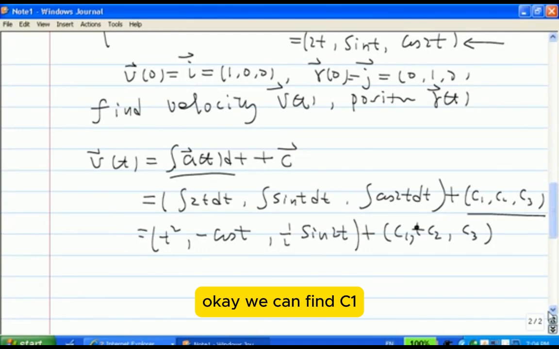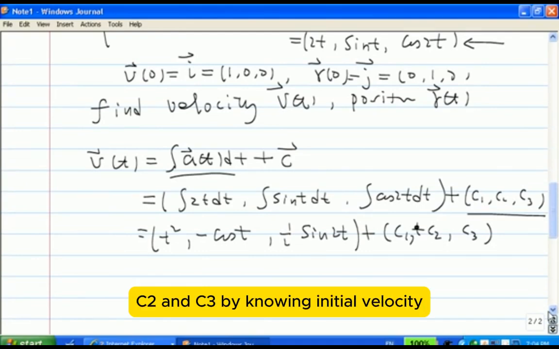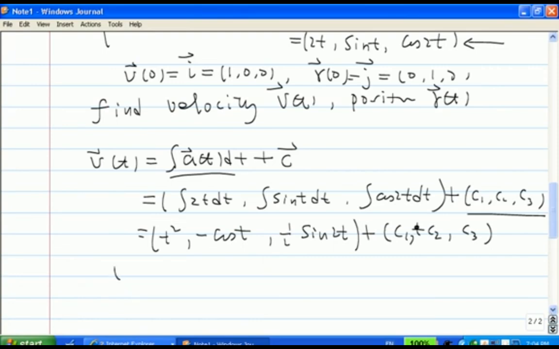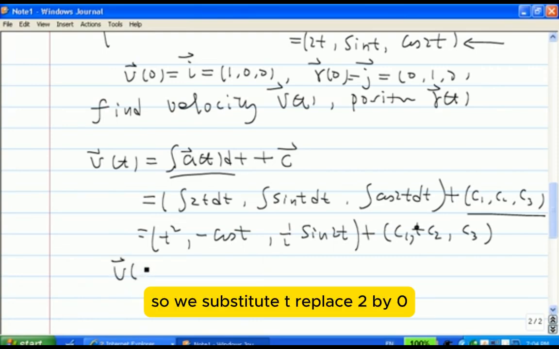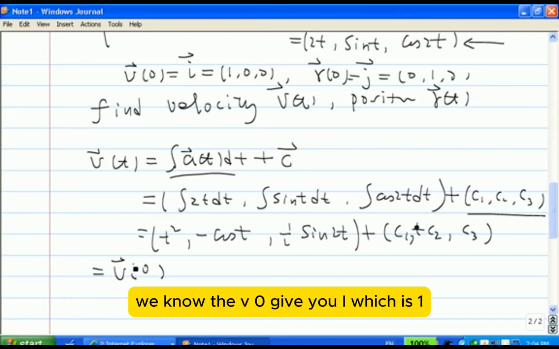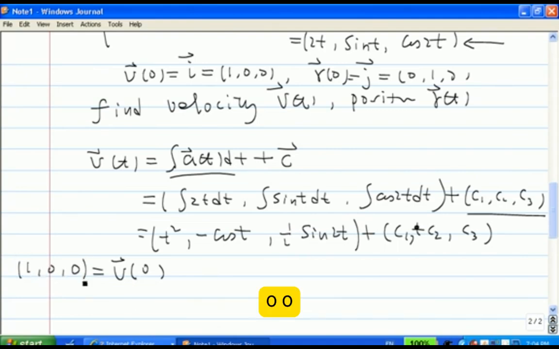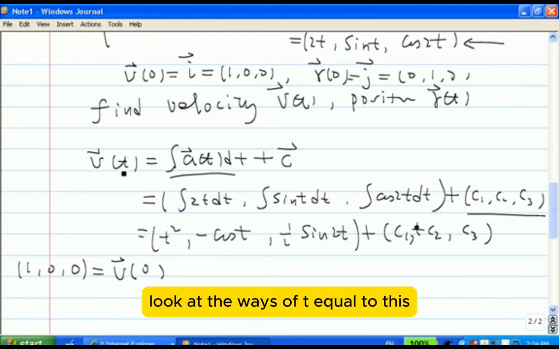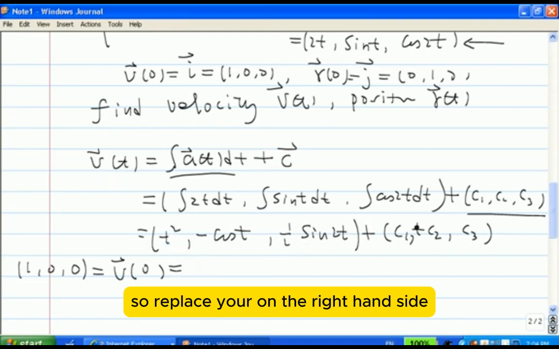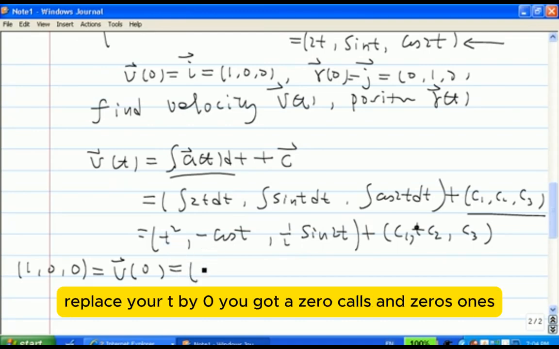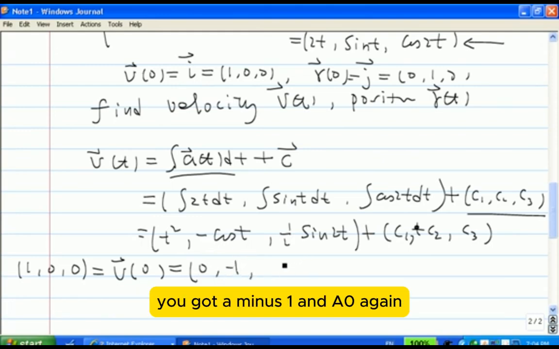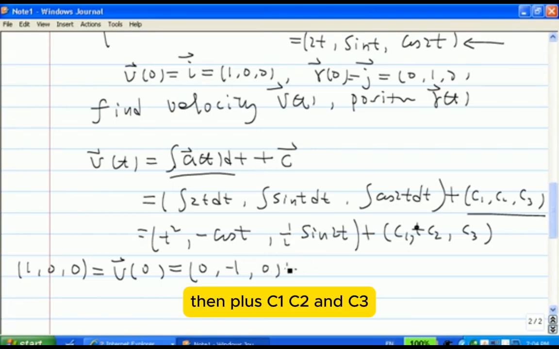Okay, we can find c1, c2, and c3 by knowing the initial velocity. So we substitute t equal to 0. We know that v of 0 gives you i, which is 1, 0, 0. On the other hand, look at v of t equal to this. Replace t by 0 on the right hand side. You get a 0, cosine 0 is 1, so you get a minus 1, and a 0 again. Then plus c1, c2, and c3.